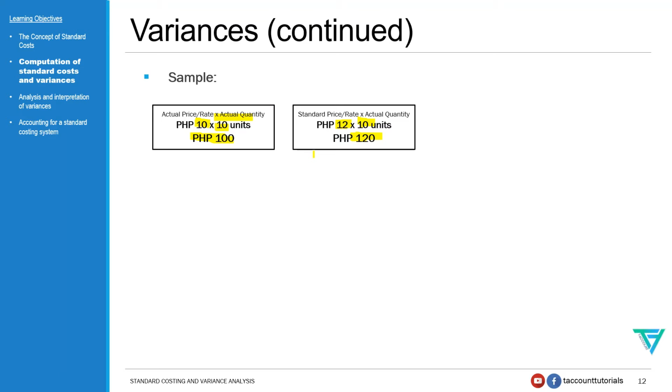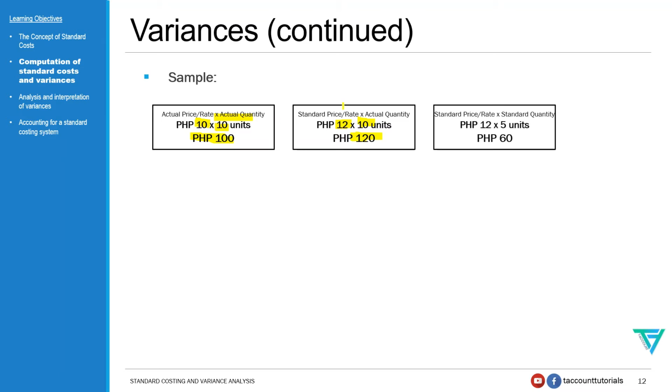Favorable, right? So we have a favorable variance because we have actual cost less than the standard price at actual quantity of 120. Or another approach is to get the difference in price multiplied by the actual quantity. So the difference between 12 and 10 is 2 multiplied by 10 units, the actual quantity. We'd arrive at the same variance, which is 20 pesos favorable.